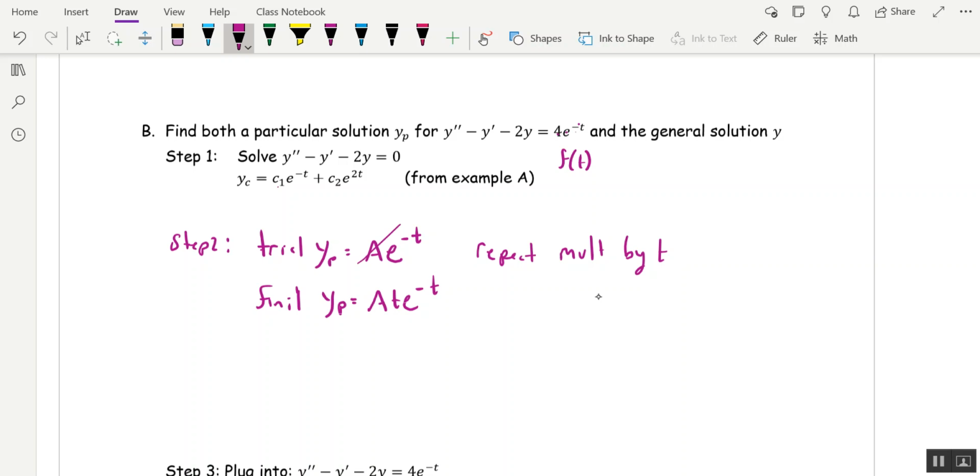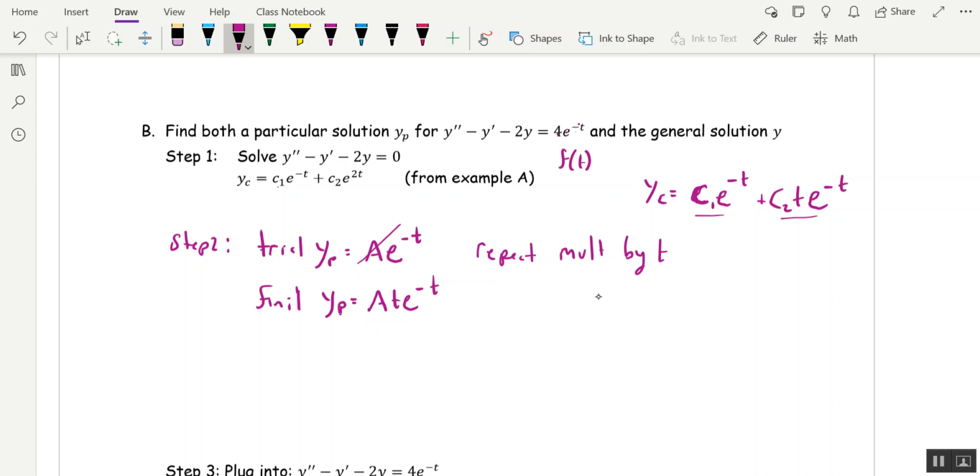Now when I say the smallest power of t that will eliminate duplicates, suppose that yc had been c1 e to the negative t plus c2 t e to the negative t. Then for my trial yp, a e to the negative t, there would be a repeat. But if I multiplied by t, I'd still have a repeat, right?